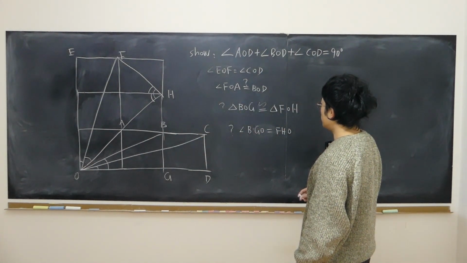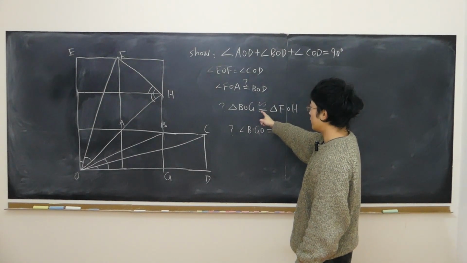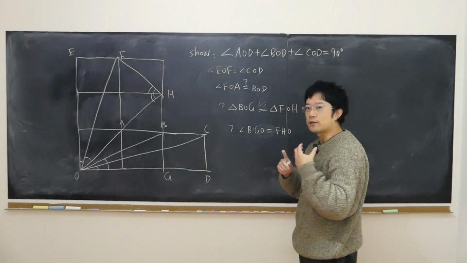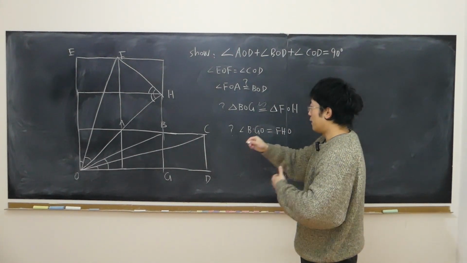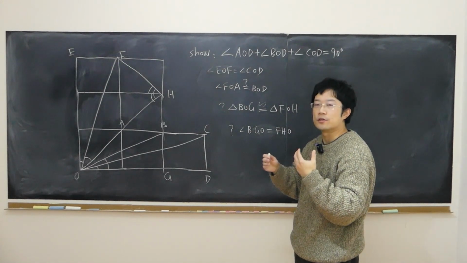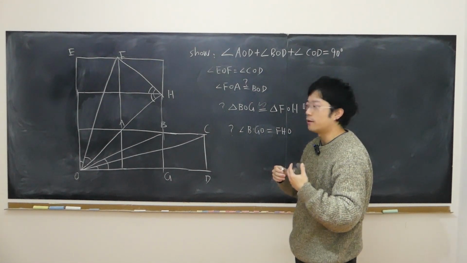Then all I need to show, if I want to show they're similar, first of all, I know they're both right angle triangles. Then I just need to show they have two pairs of edges that have the same ratio, right?